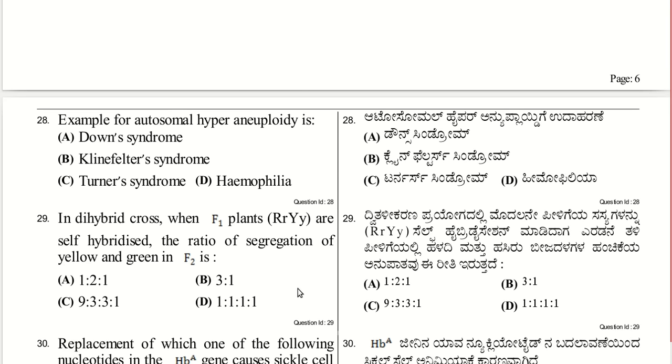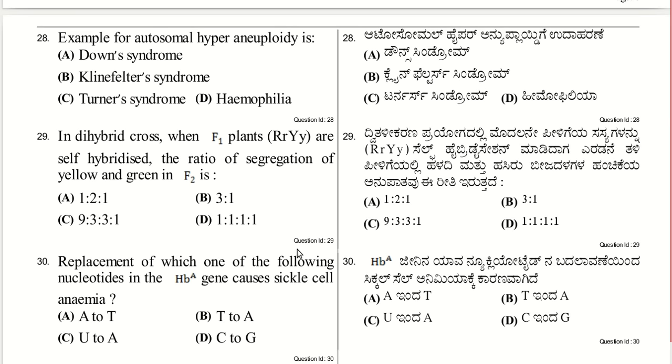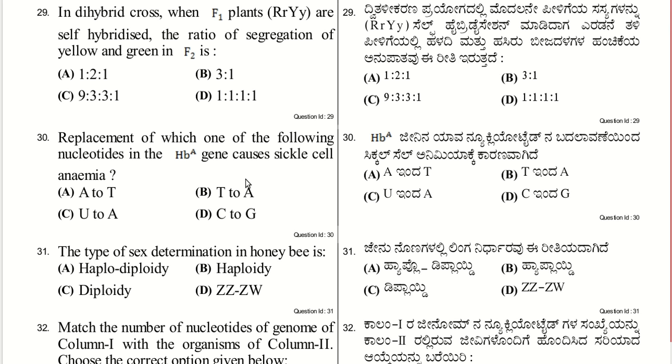The answer is 3:1. Replacement of which one of the following nucleotides in the HbA gene causes sickle cell anemia? Replacement of thymine to adenine causes sickle cell anemia. T to A is the answer for the 30th one.